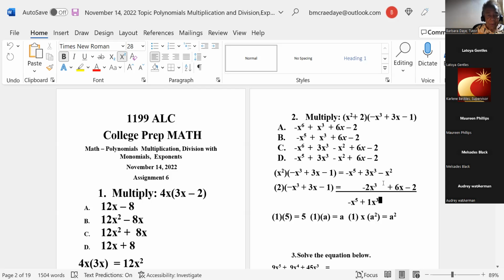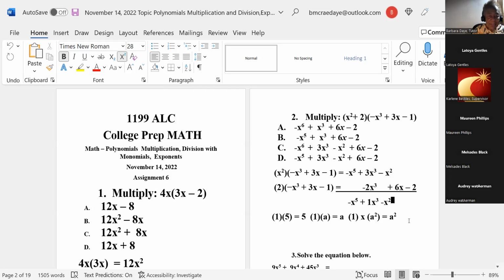Okay. Now we have minus x to the second here. So minus x to the second has no relative to work with, so you have to bring it down, or the 0. Okay, so what would that be? Minus x to the second. Yes, the second, sorry. Okay, so let's put our power here. What about the 6x?